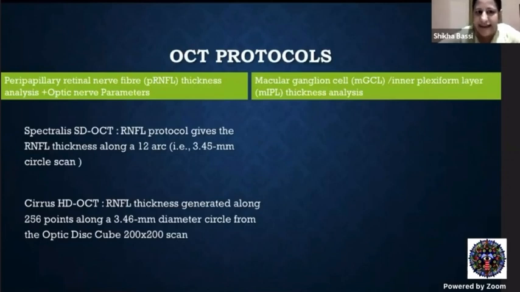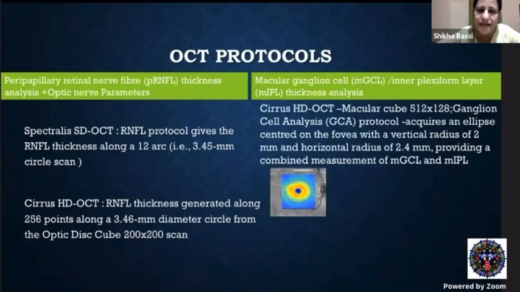Now, the second thing I said we are concerned with is the macular ganglion cell inner plexiform layer thickness analysis. And the program that is used on Cirrus OCT is Macular Cube 512 into 128. For the optic nerve, we had done Optic Disc Cube 200 into 200. For the macula, we are doing Macular Cube 512 into 128.